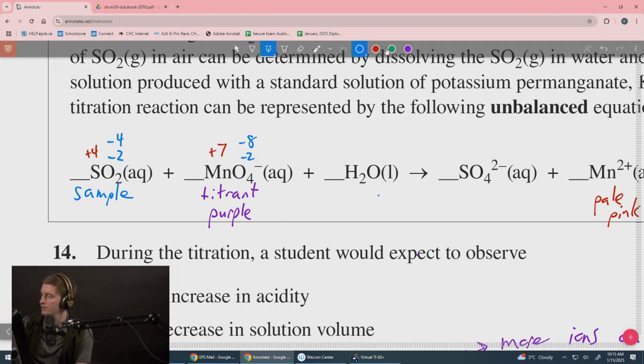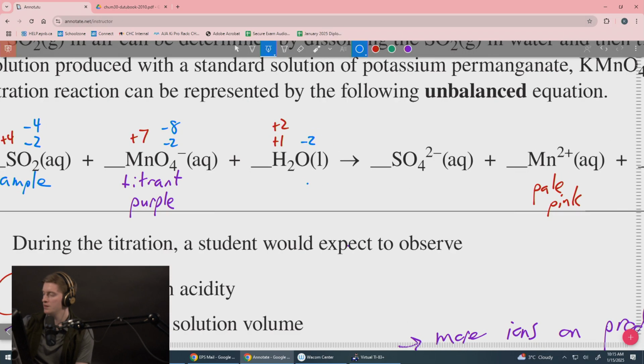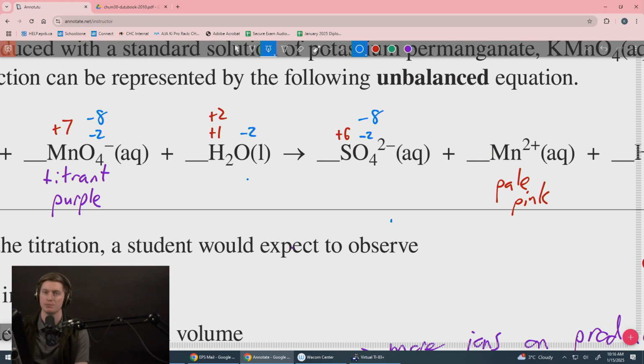Our water, the oxidation state of hydrogen is +1. In our sulfate anion, the sulfur has an oxidation state of +6 because all of the oxygens overall have an oxidation state of -8, and this is a charged ion. +6 plus -8 gives us a -2 charge overall.